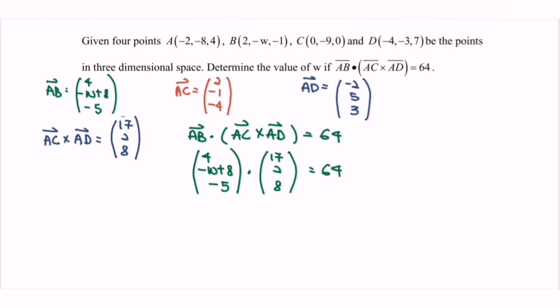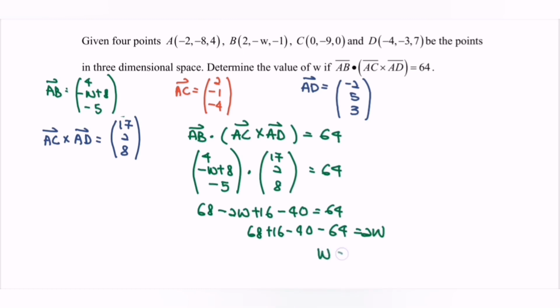Dot the vectors and we will have 4 multiplied with 17, which is 68, minus 2W plus 16 minus 40 equals 64. Kindly rearrange, and we have W equal to negative 20 over 2. So the value of W will be equal to negative 10.